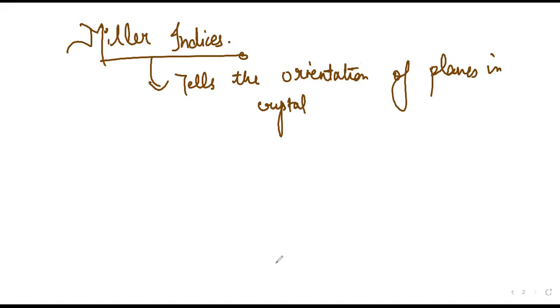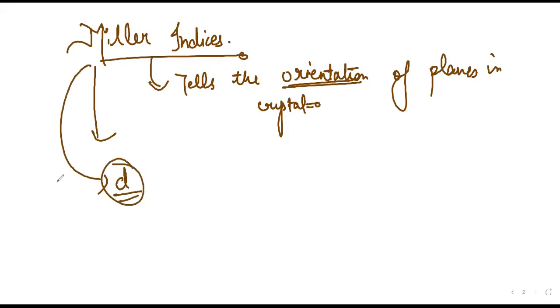Please mute. Okay. So now Miller indices basically tells us orientation, and for different interplanar spacing, it will have different orientation.